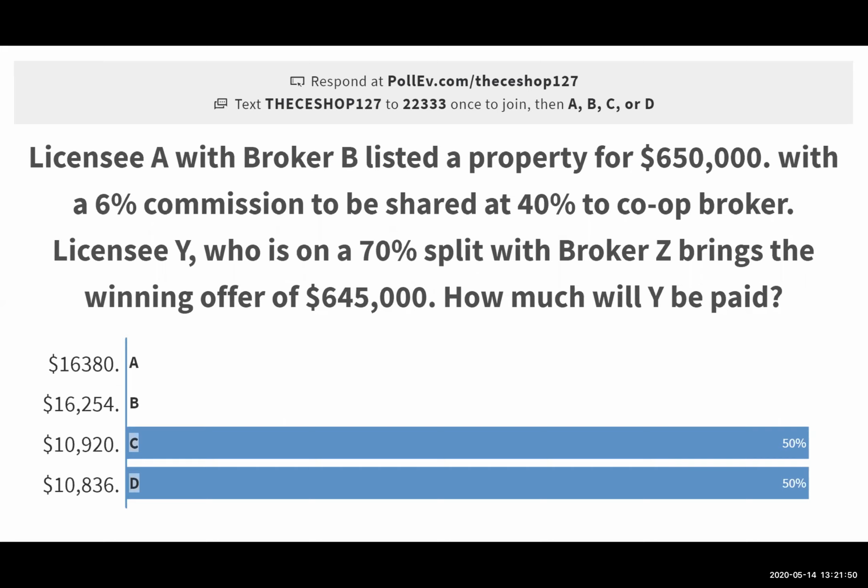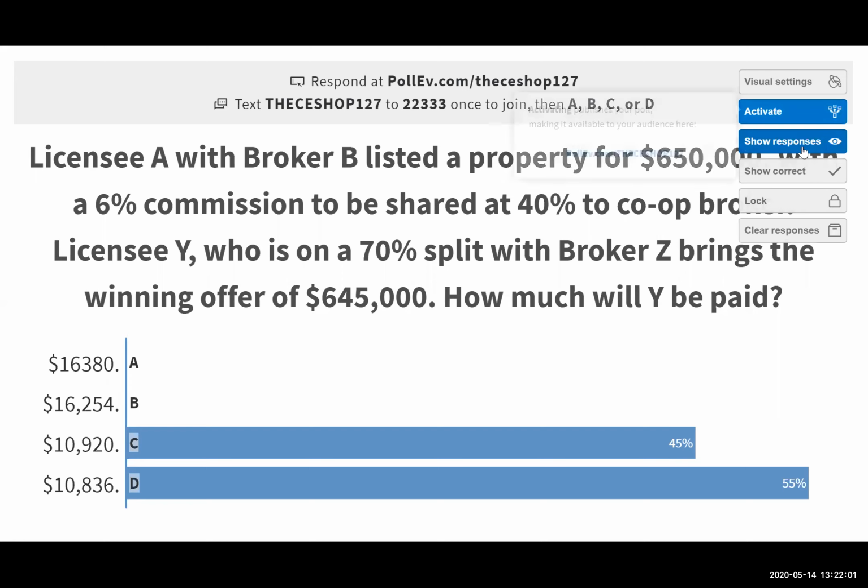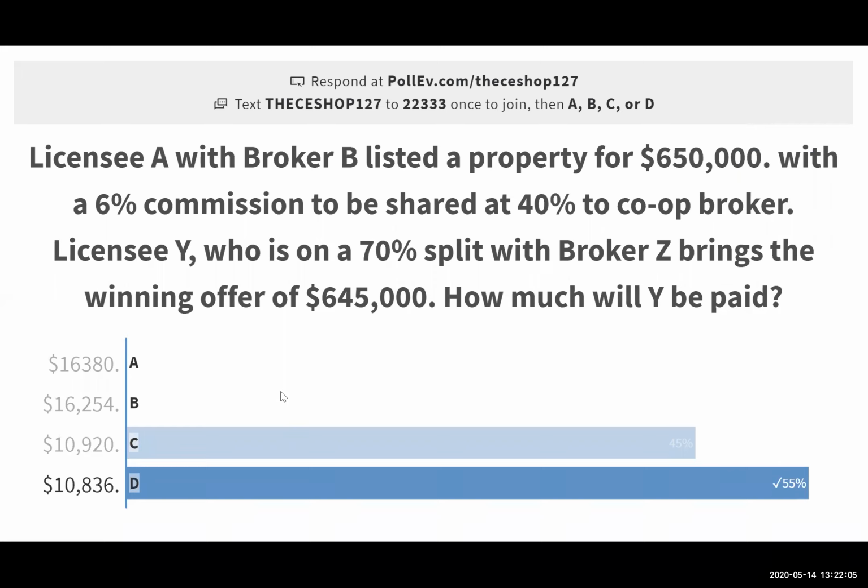So you're going to be dealing with the lesser amount in this one, because licensee A and broker B are playing with the 60% part. The correct answer, unfortunately, was the smallest check in there, 10,836.